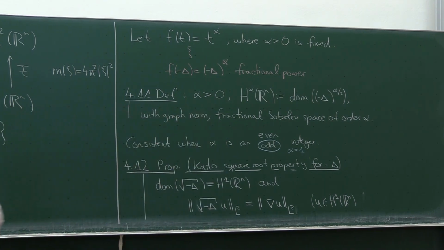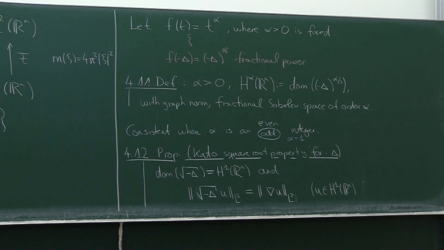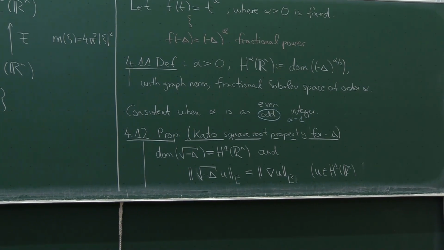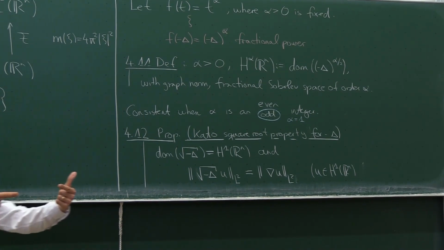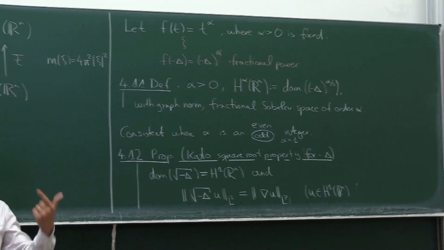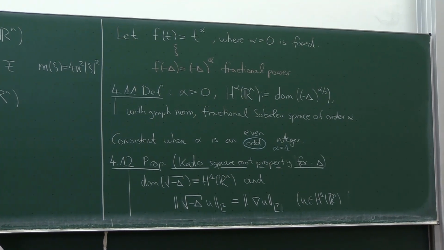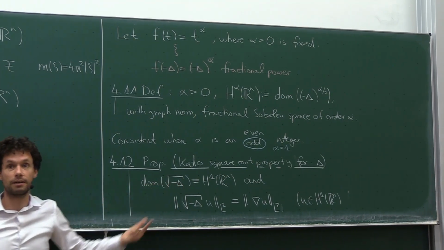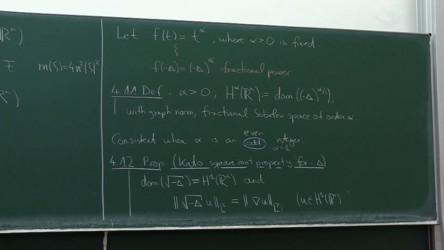Okay, what's interesting about this proposition is when you think back where the operator came from, that it came from a sesquilinear form. And now the sesquilinear form that defined this Laplacian on Rn, what was its domain? The V in terms of lecture 2. It was an accretive sesquilinear form on H1.